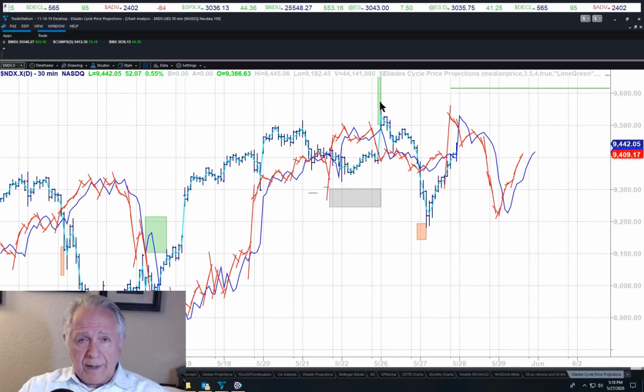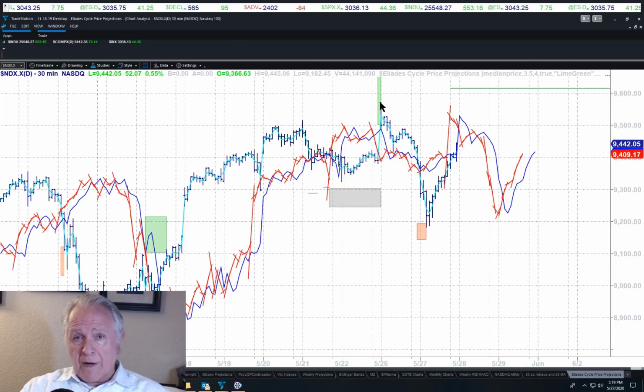That's very important. The other thing that's very important is you work down from the longer term to the intermediate term to the shorter term. You should know by now, if you're watching these updates, that we have significantly higher projections to the upside that are significantly higher than current levels. That's the most important thing to keep in mind.